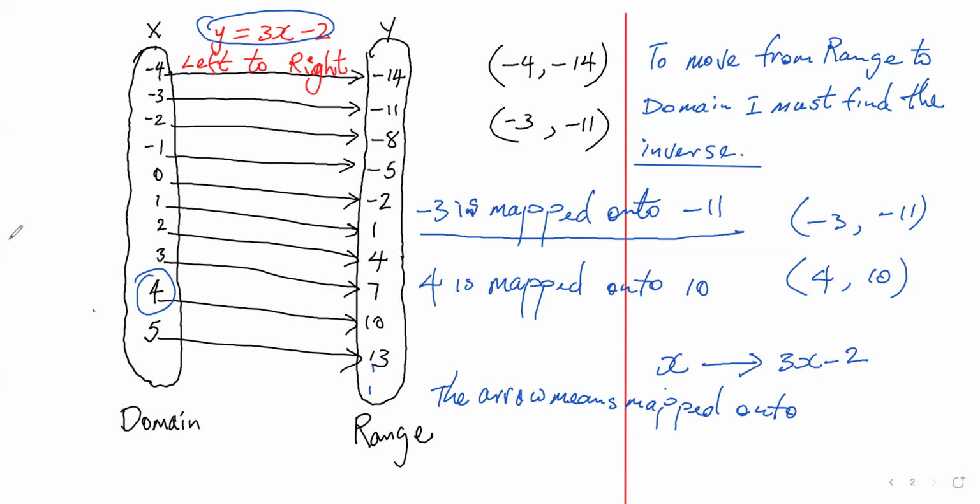So you need to write x arrow 3x minus 2 means the arrow means mapped onto. X is mapped onto 3x minus 2. All right, that's how we read it. I'll give it 2 minutes and then we start functions.